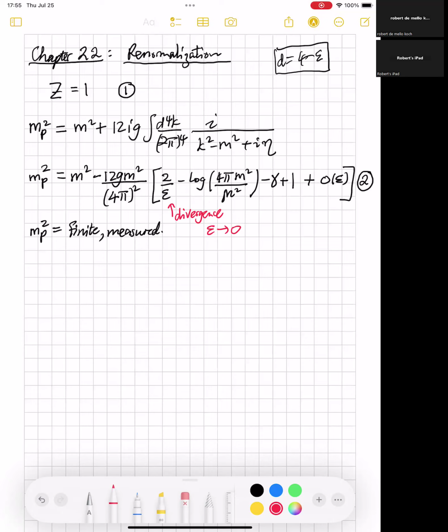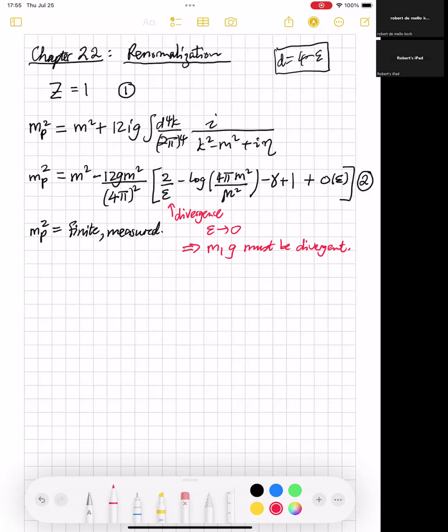So this means, in fact, if you analyze this equation carefully, m and g must be divergent. That's the only way that we can cancel out the divergence from 2 over epsilon. So m and g would be divergent parameters that you don't care about anyway. You never measure them. And they would be infinite in such a way that the right-hand side of equation 2 is finite and equal to the measured value.